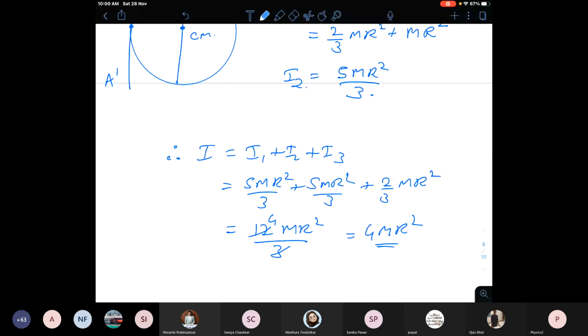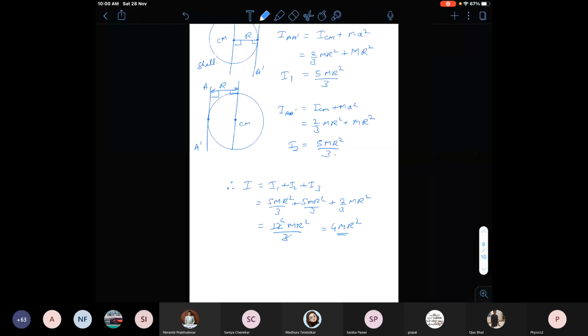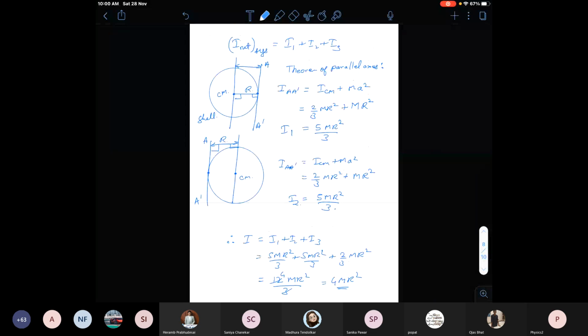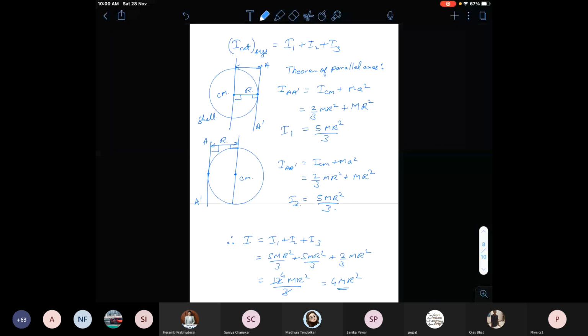You don't have to remember this, it can be derived. This is an example of how to apply the theorem of parallel axis, and your moment of inertia is done.